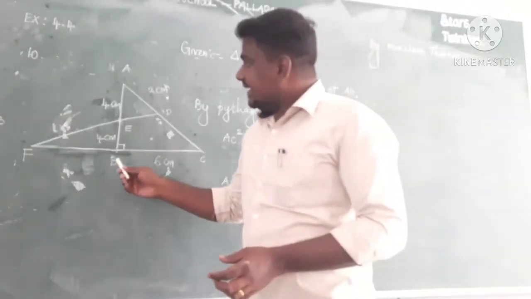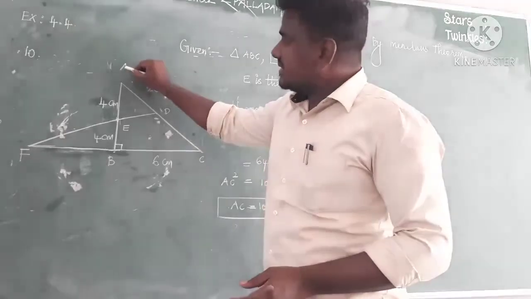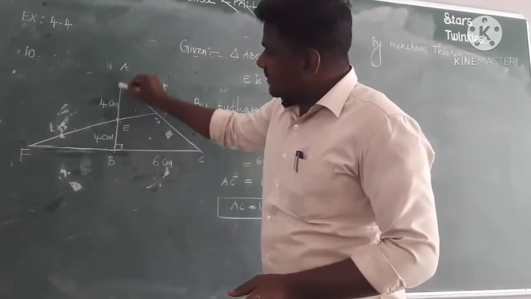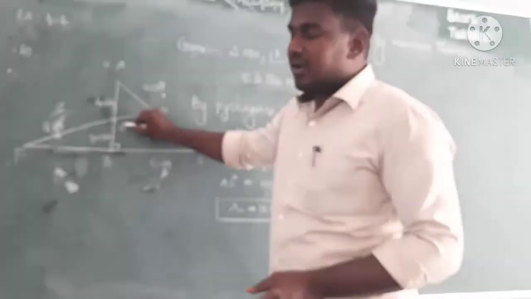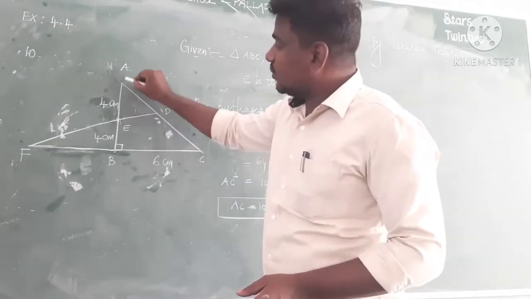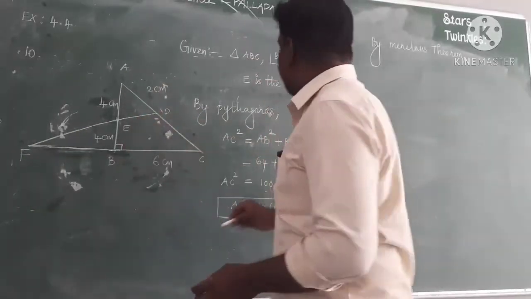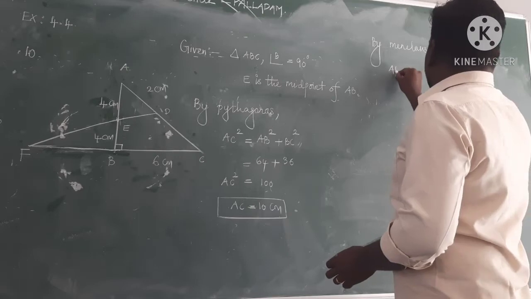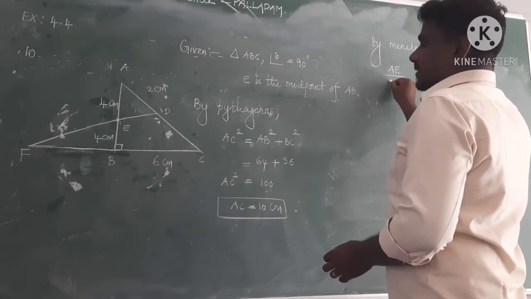So we can take from the vertex A. First A to B, and this E is the intermediate point. So we can write AE by EB.